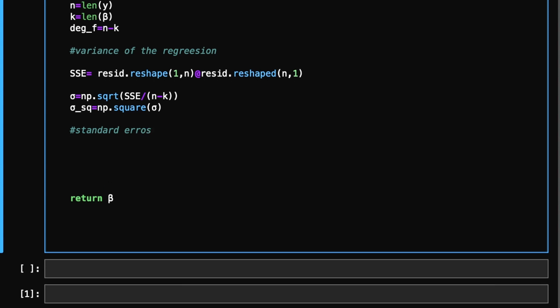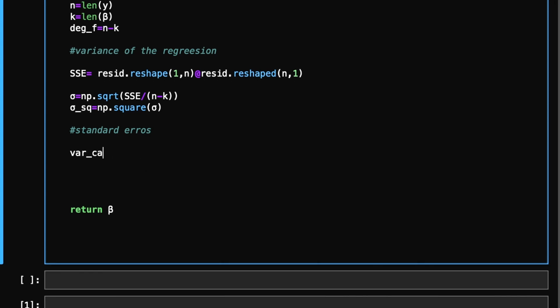Standard errors. The first thing is, let's get the variance covariance matrix of our beta, and this is going to be sigma squared times the inverse of X prime X. So it's (X prime X) inverse times sigma squared.